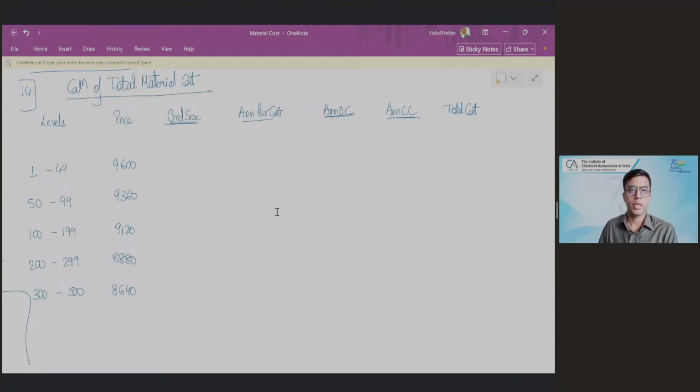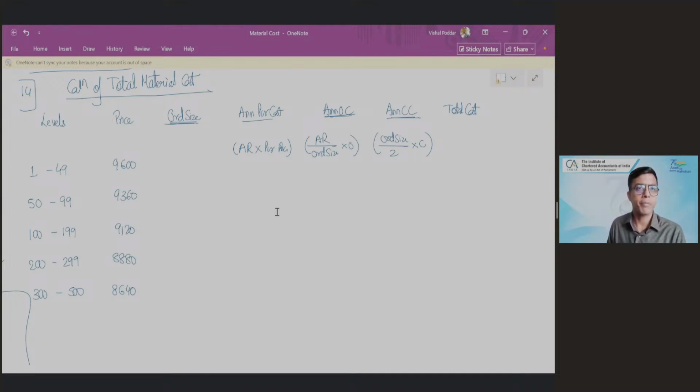I hope you remember the formula. It is AR into purchase price here. Here, it is AR upon order size into O. Here it is order size upon 2 into C. Correct? Now, if these are my formulas, I will need my order size.